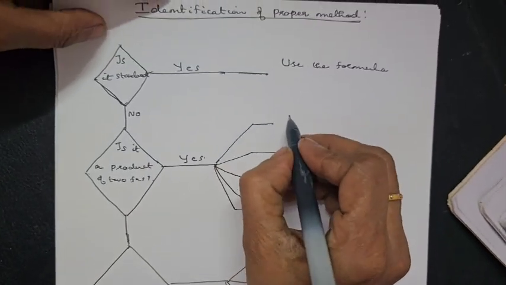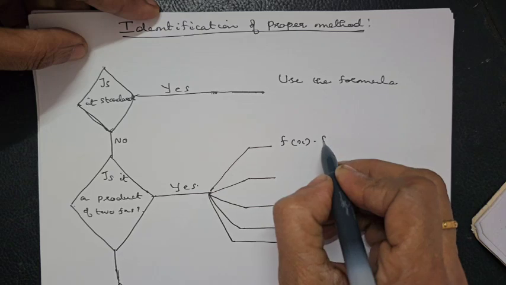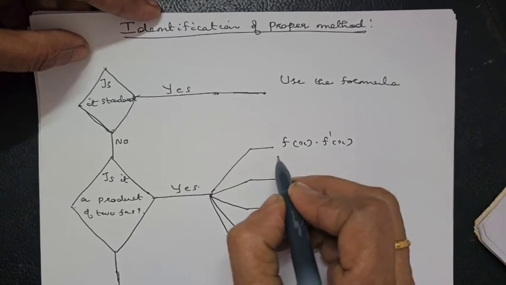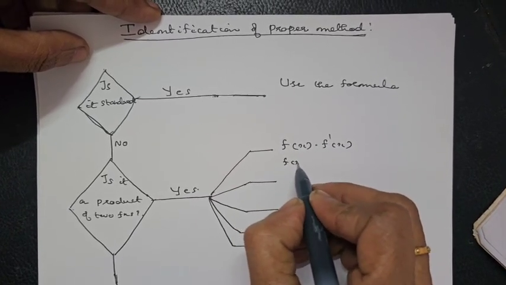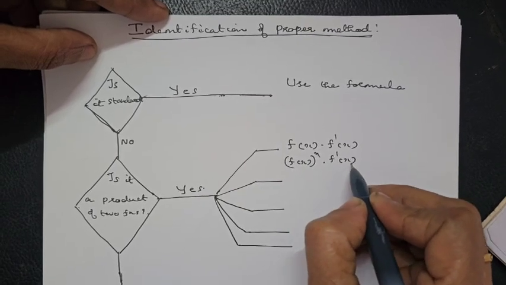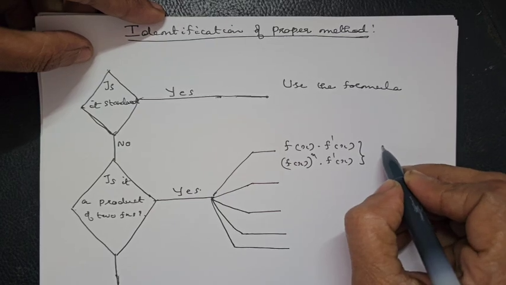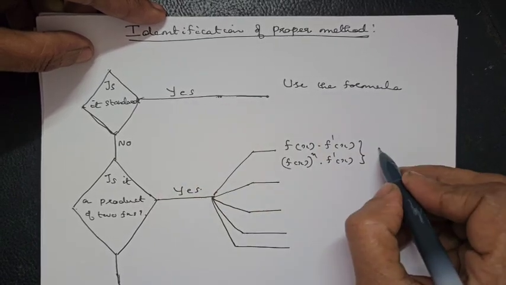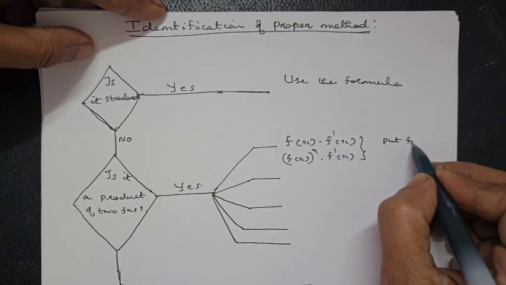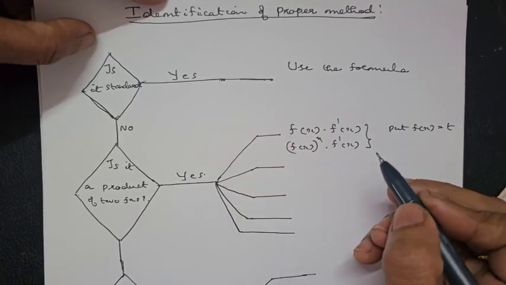The product can be in the form of f of x into f dash x, or that function raised to n into f dash x. If it is in these two cases, to convert it into the standard format, put f of x is equal to t, then that will be converted into the first form.